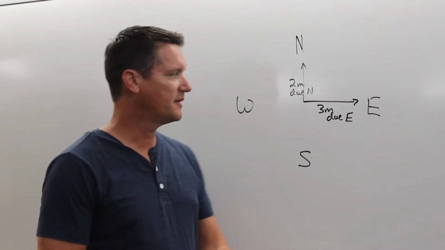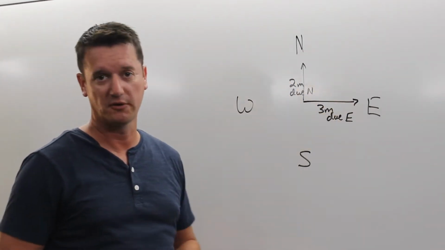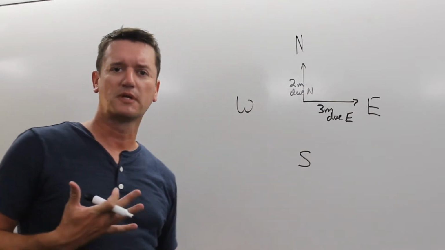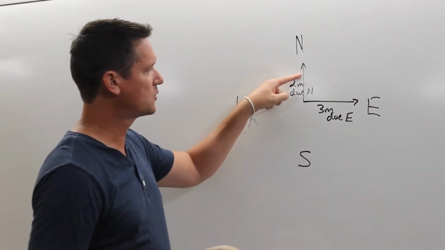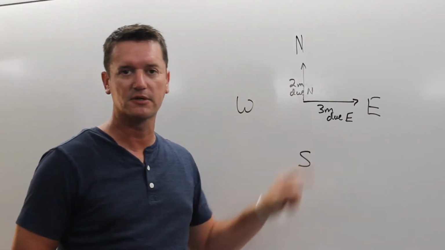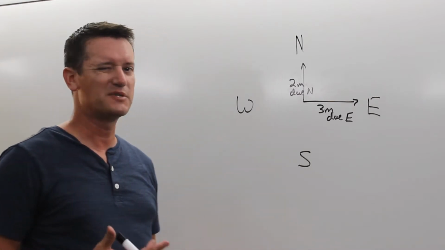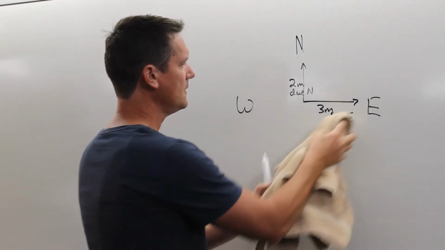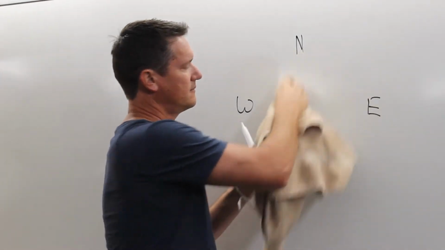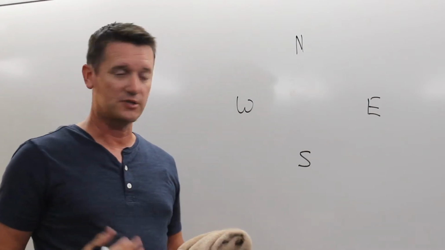Note that my 3 meter vector is a little bit longer than my 2 meter vector. If I wanted to do this really precisely, I would actually use a ruler and make this one 20 centimeters and this one 30 centimeters, and I could draw these vectors to scale. For our purposes today, though, I'm just going to eyeball it and try to make some of them longer than the other.